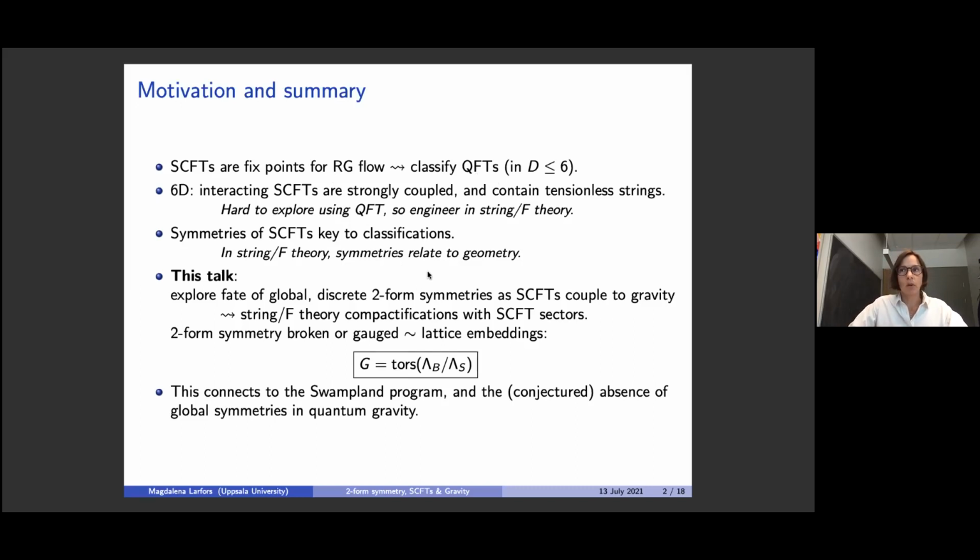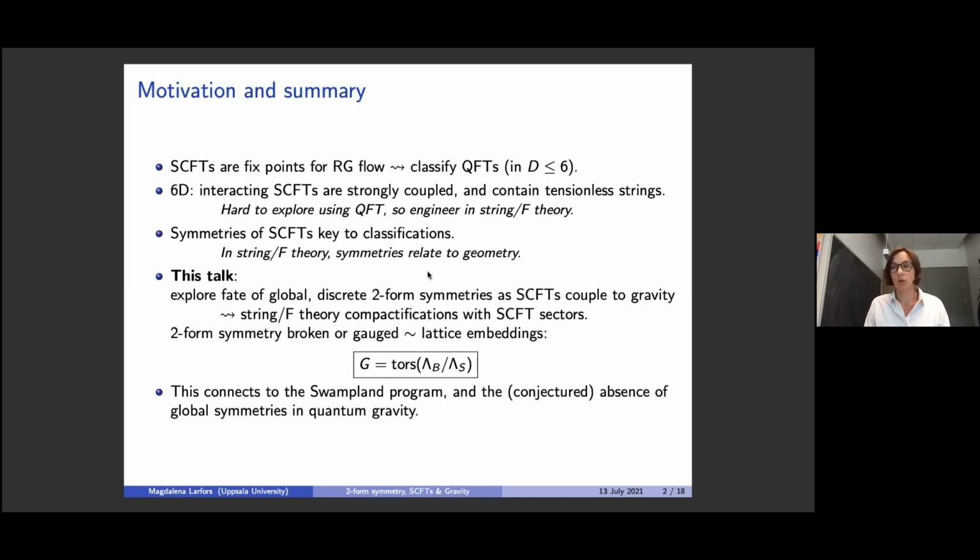Now in this talk, I will study a particular type of symmetry, which is a higher form symmetry, which is known to exist in superconformal field theories. And I will study what happens with this global discrete two-form symmetry as we couple the superconformal field theory to gravity. And in string F theory, what this means is that we should look at compactifications of these theories, which have SCFT sectors.